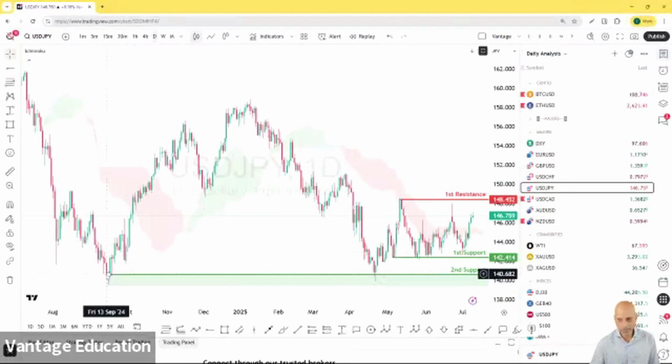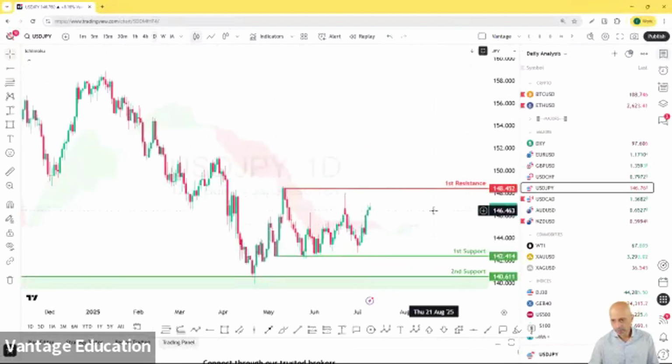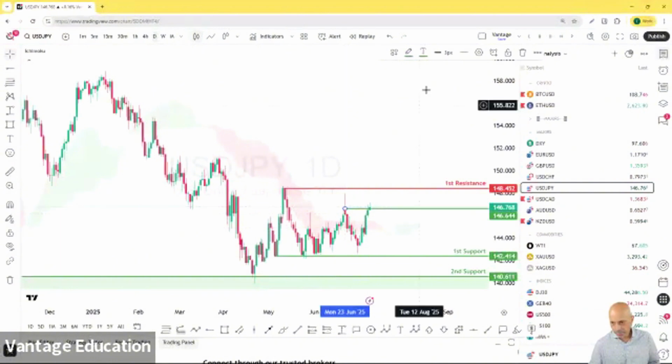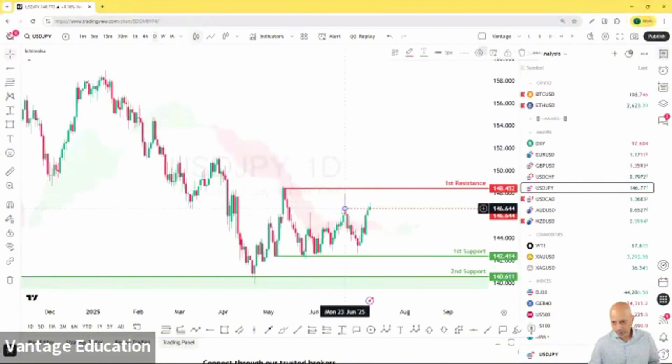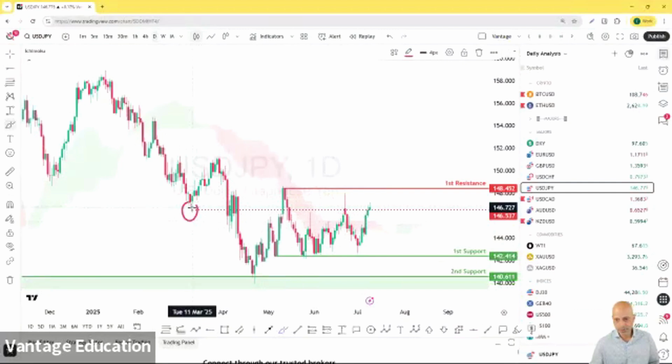Now, with dollar yen rising since the second half of last week, I would have used the body of this candle here as a potential take profit target. When I stretch across this level here, we can actually spot a little bit of support being formed here on 11th of March.